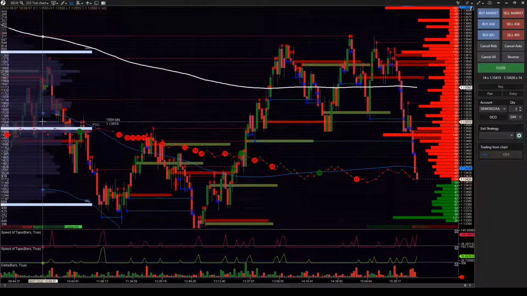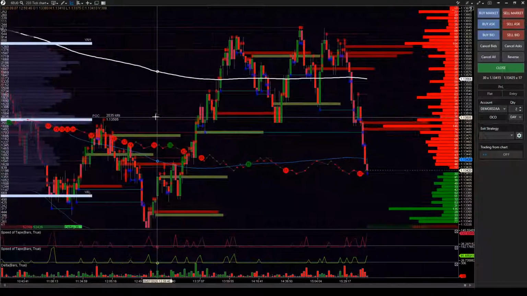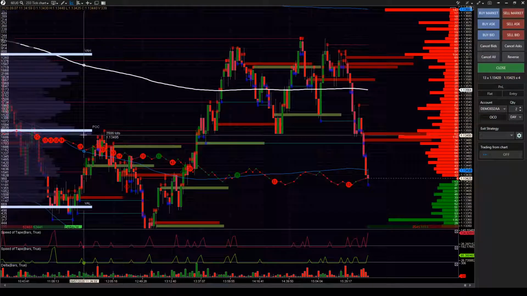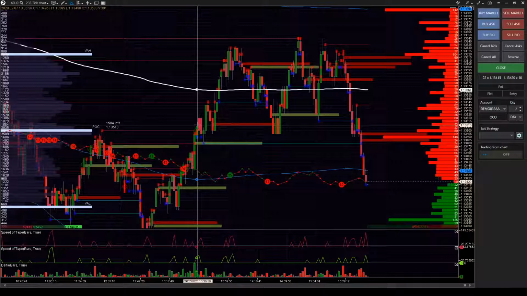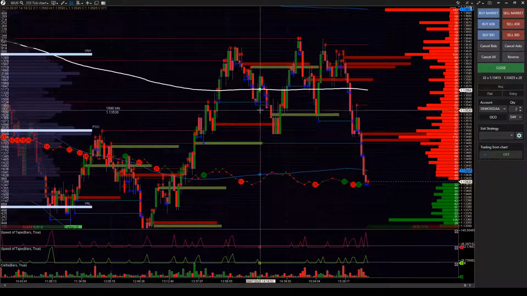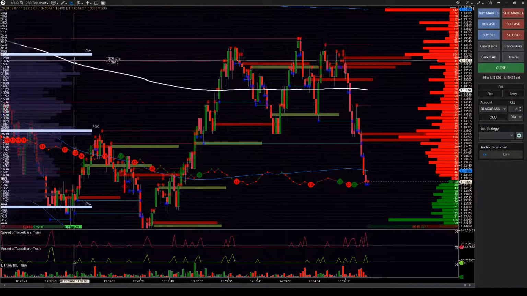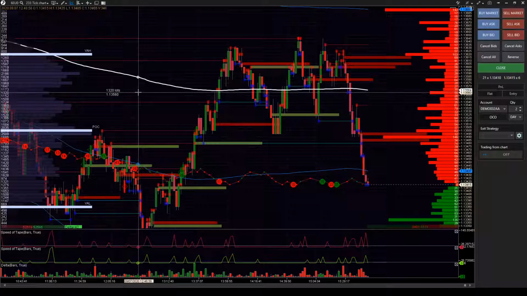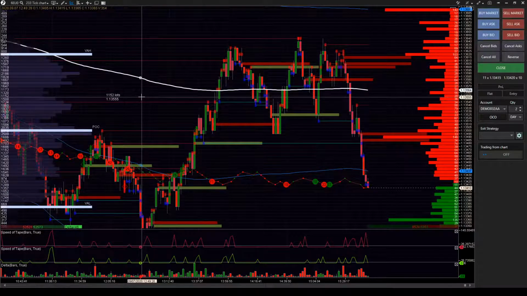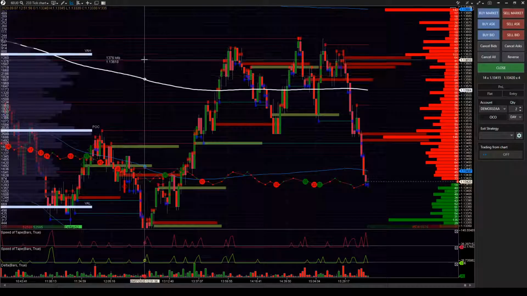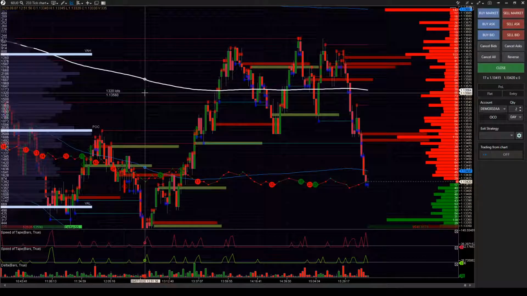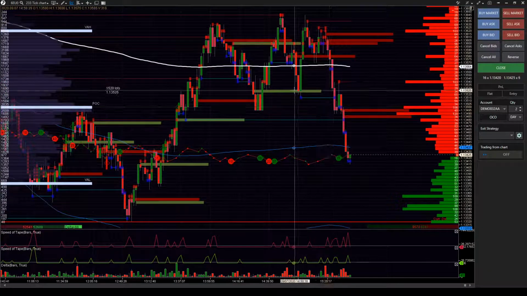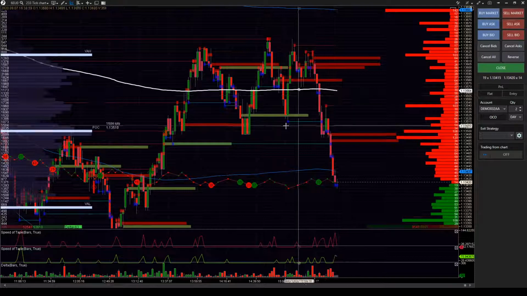I use horizontal volume, because vertical volume will only show you the volume at a given candle, but horizontal volume will show you the volume at a given price. Okay, as you can see on my cursor here, you can see the amount of lots that has been traded at each price. So that's the volume on each price. So it's important if you're looking at a particular price to put a trade on.